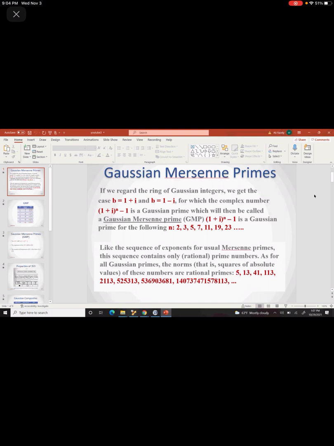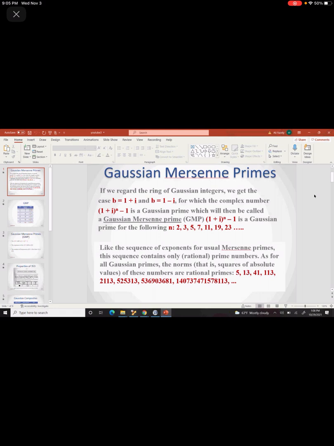Now these are the numbers that, instead of having 2 to the power p, are 1 plus i, where i is the square root of -1, and this number is a complex number. Okay, so they are of the form (1 plus i) to the power n, minus 1. Okay, so this is a ring of integers that have this property.